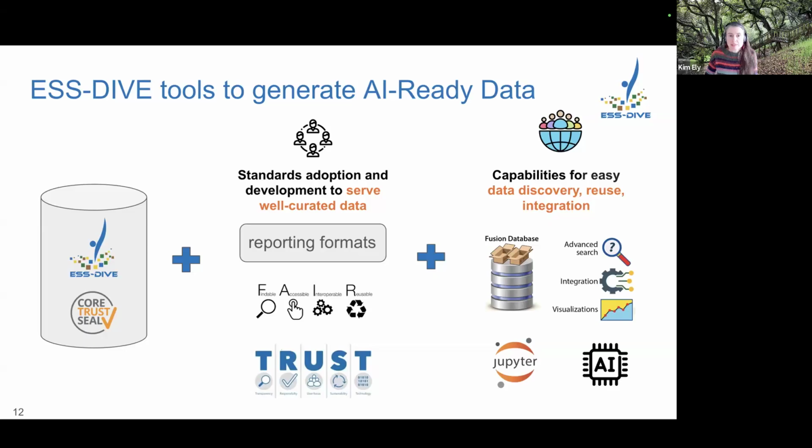In addition, ESS-DIVE has developed capabilities for easy data discovery and reuse and integration. Some of these include tools like the Fusion database, advanced search features, BASIN-3D, and Jupyter workspaces, and newly developed, and this is an ongoing project, some AI-enabled discovery services.